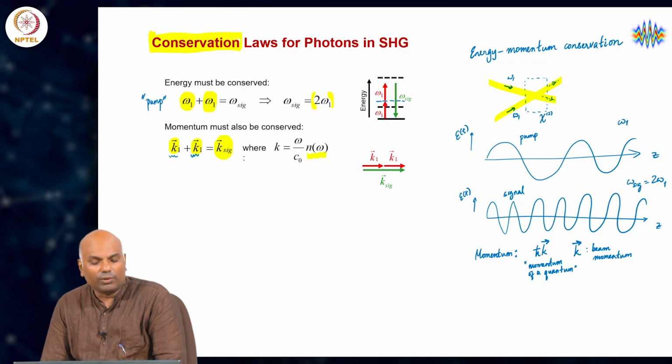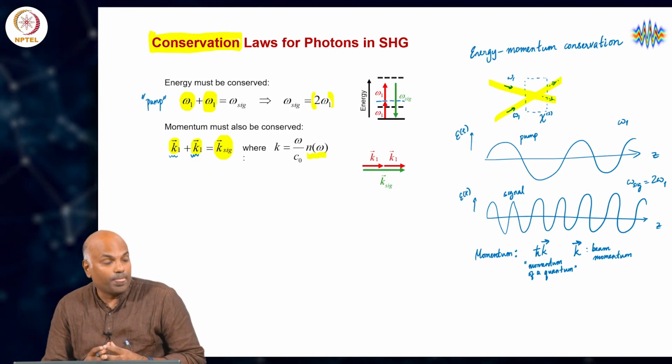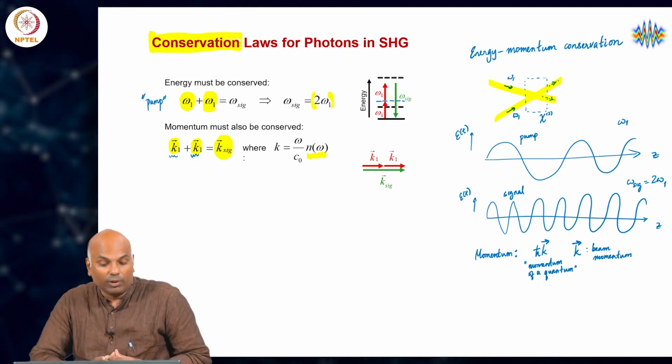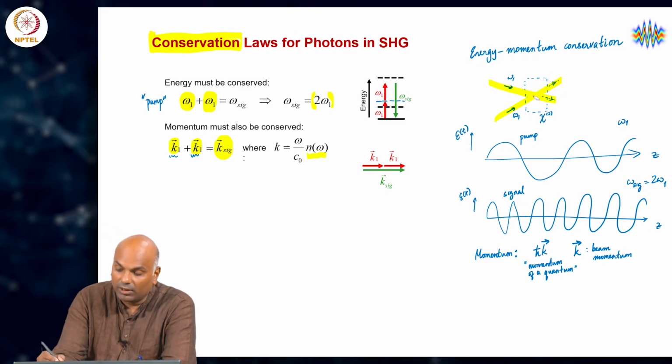That is the magnitude, this does not convey anything about the direction. Now, if I had a single beam and I generated a second harmonic from that, a single beam interacting with a crystal, this is not the scenario I have sketched here.